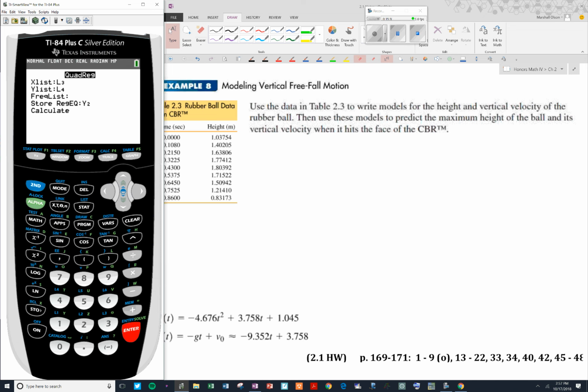And we'll calculate that. This is going to give us our equation here. And notice I do have this equation already written down here, and it looks like we got the same thing as what the calculator wrote right there. So I'm going to go back to my graph to verify that that fits the data pretty darn well, and it does.